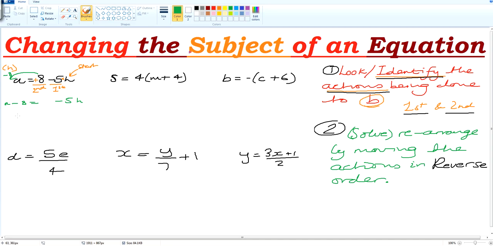So a minus 8 is equal to -5 times h. Now, what do we need to move now? The times by -5, not times by 5, times by -5. That comes over, it becomes a divide by -5. The -5 stays the same. So we now have a minus 8 divided by -5 is equal to h.